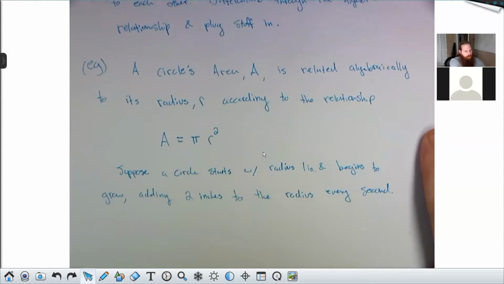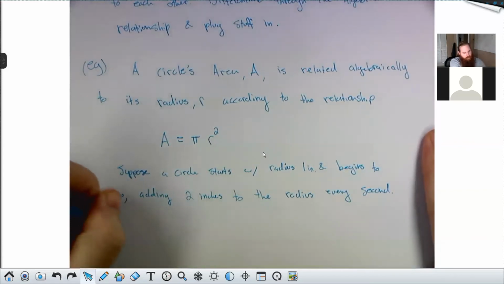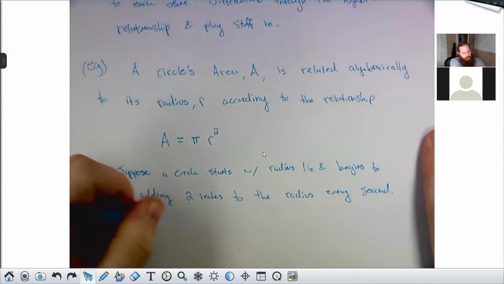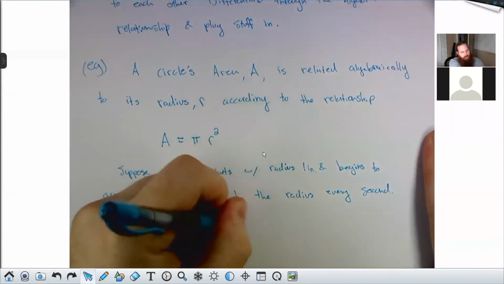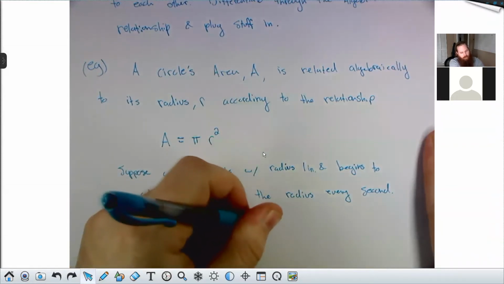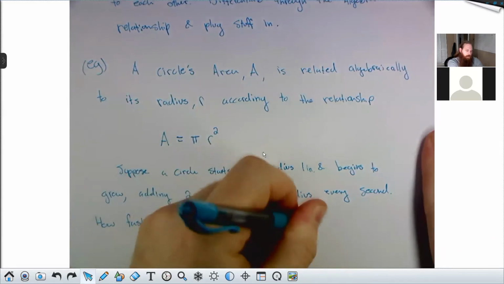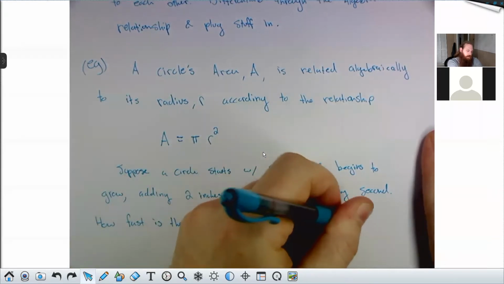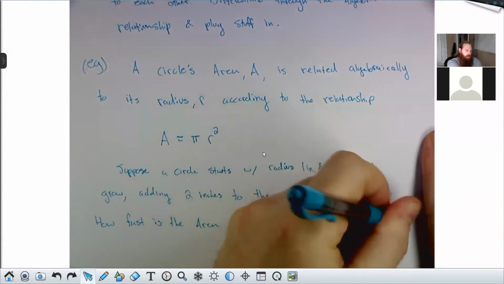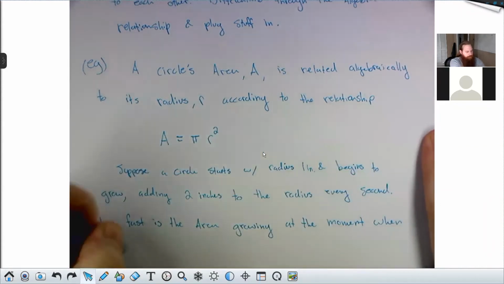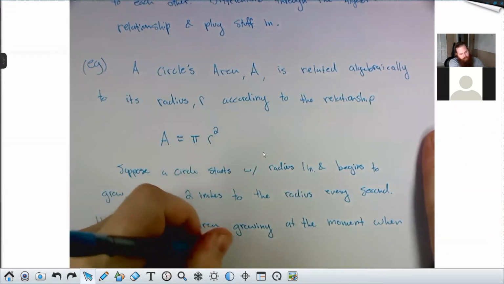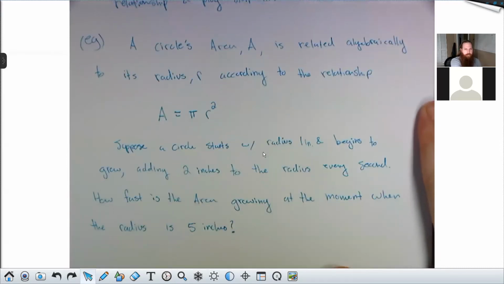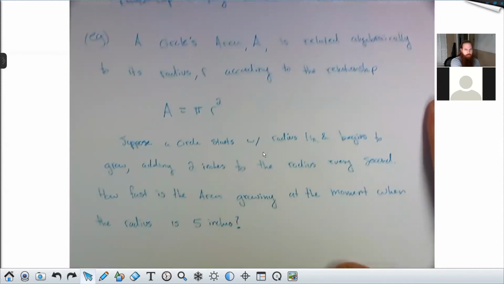The question I'd like to ask is, how fast is the area growing at the moment when the radius is 5 inches? Okay.